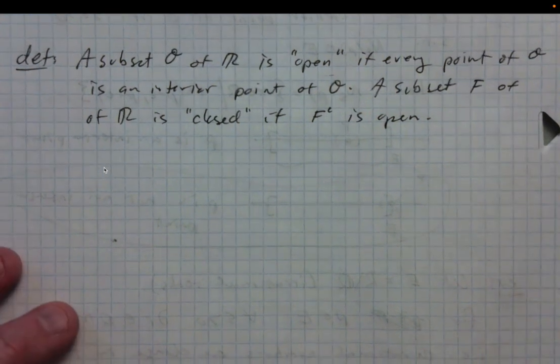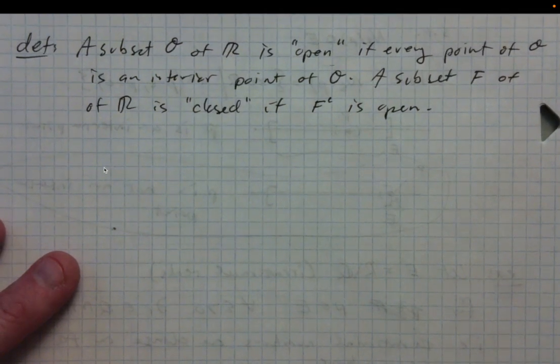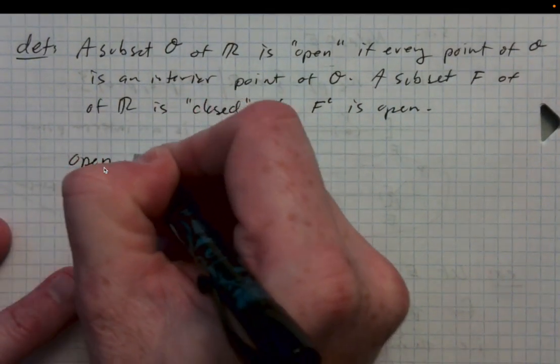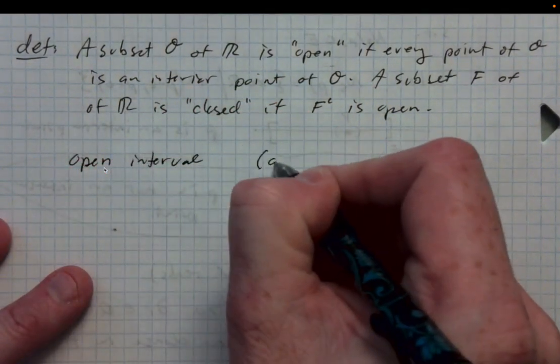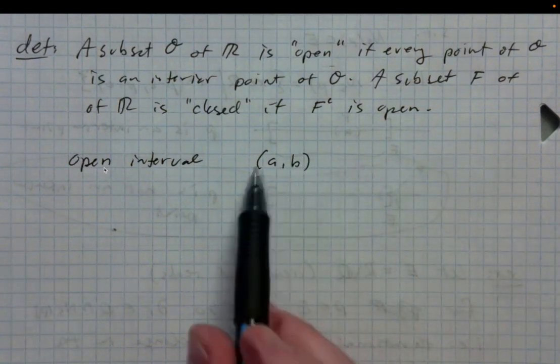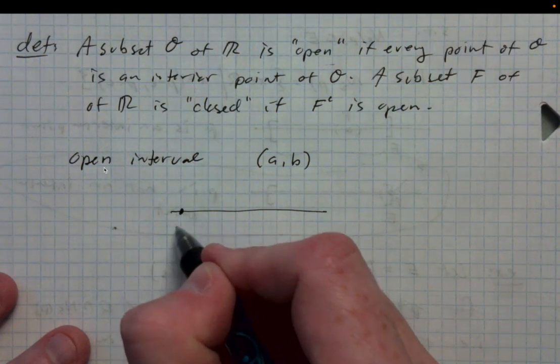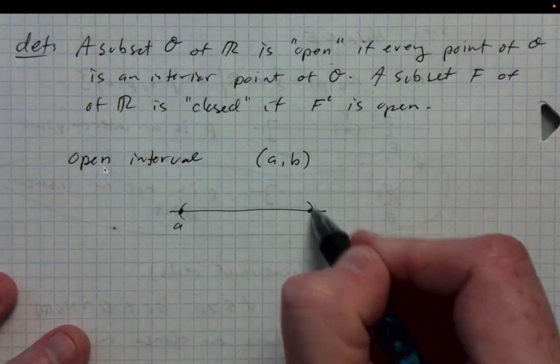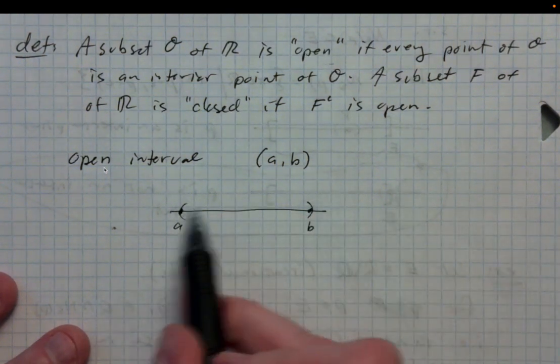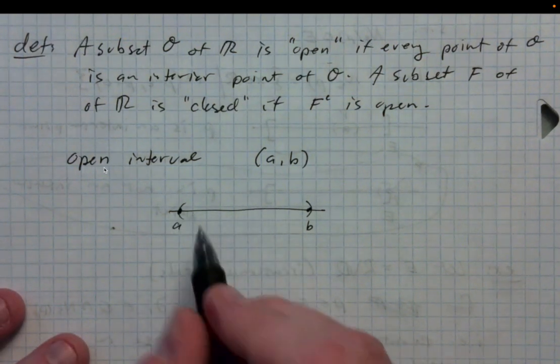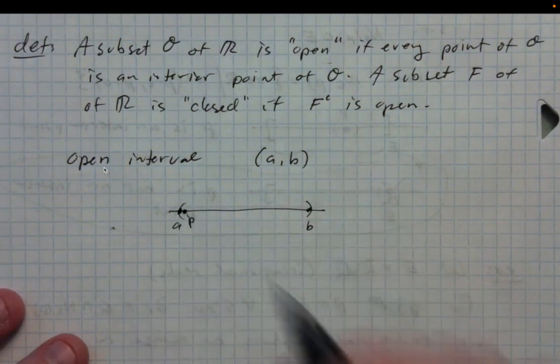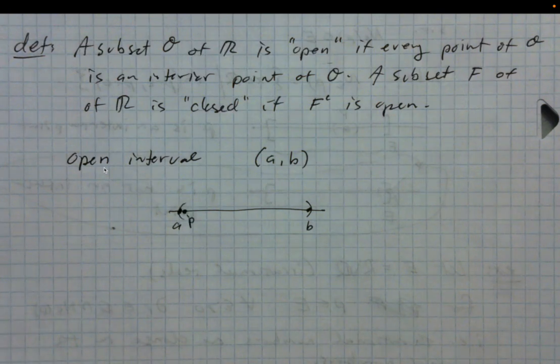Falling back on the examples we're familiar with, if you think about an open interval A to B, where the endpoints are not part of the set, you can get as close as you want to those endpoints and still have space. I just can't go up to those endpoints. But I can get very close with my P's, and I can always shrink down my epsilon so that I can still have an epsilon neighborhood inside the open interval.